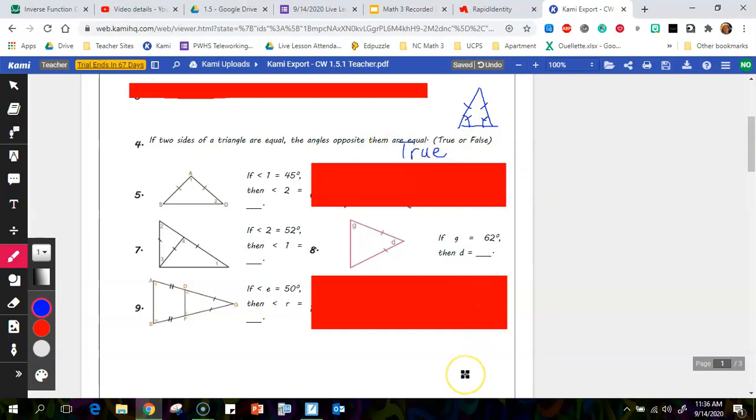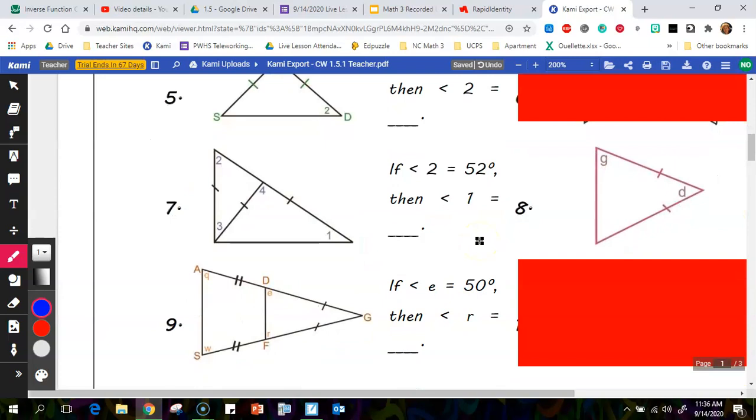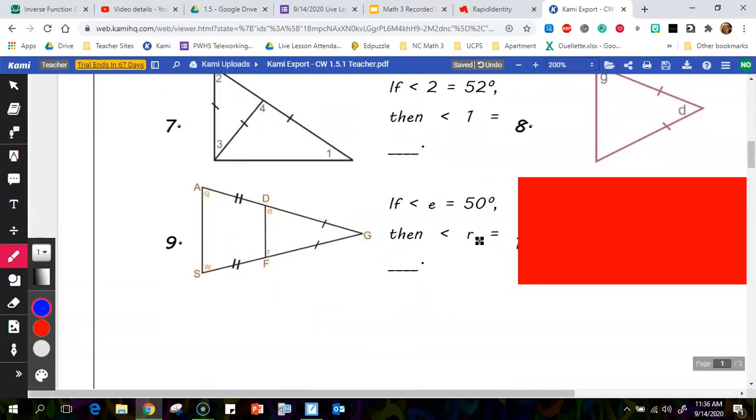Let's find another one. Let's look at number 9. It says if angle E equals 50 degrees, so that would be this one right here. So this is 50. Then angle R would be, well, this is an isosceles triangle.